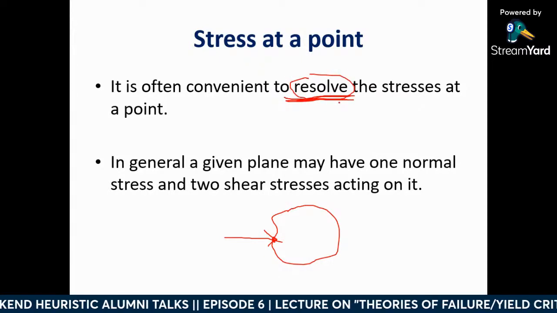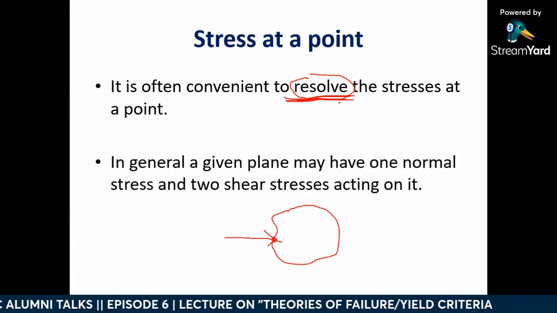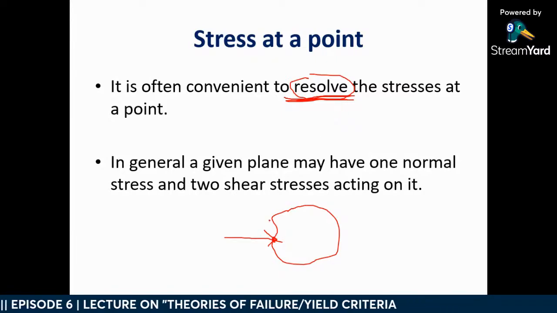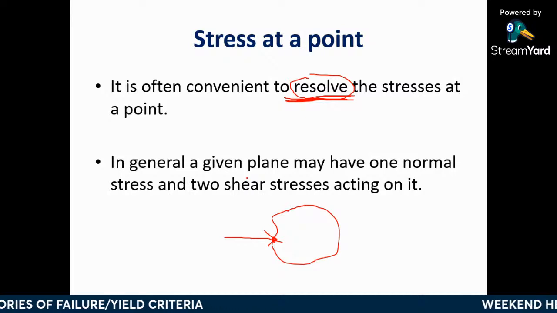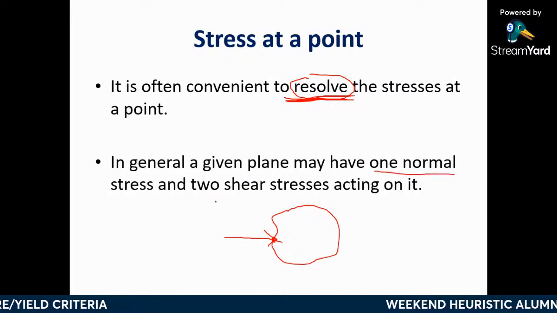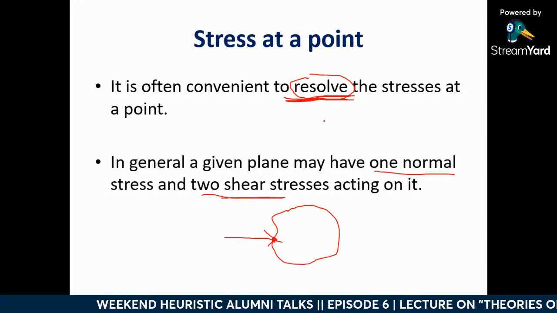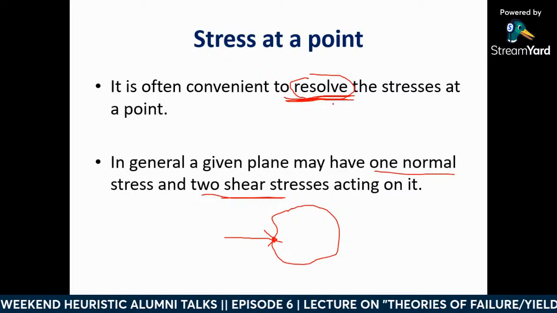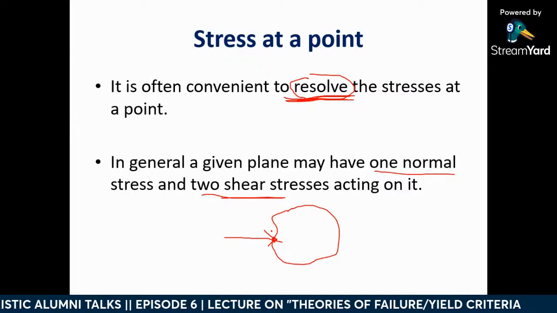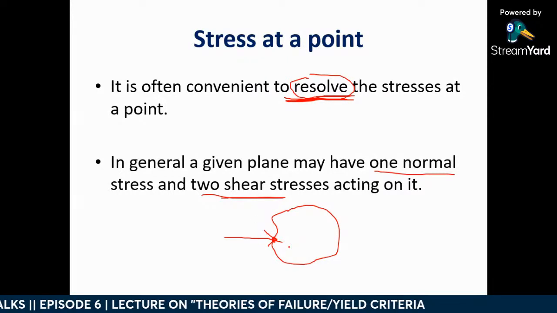You might have done this in basic engineering mechanics. Generally, if you take a three-dimensional body, you get one normal stress and two shear stresses. You don't need to worry about this, you will understand as we move further. At this point, just understand that whenever there is some stress on the body, we resolve it.